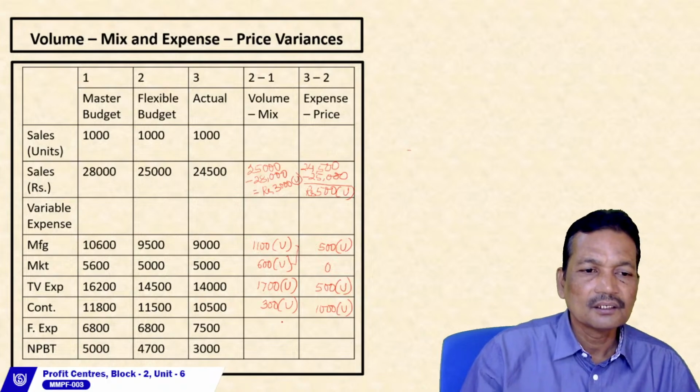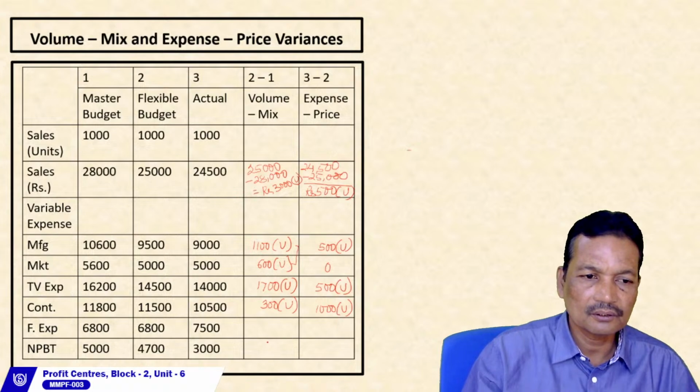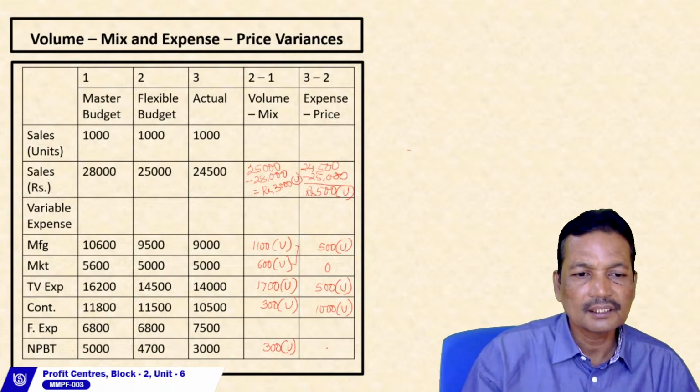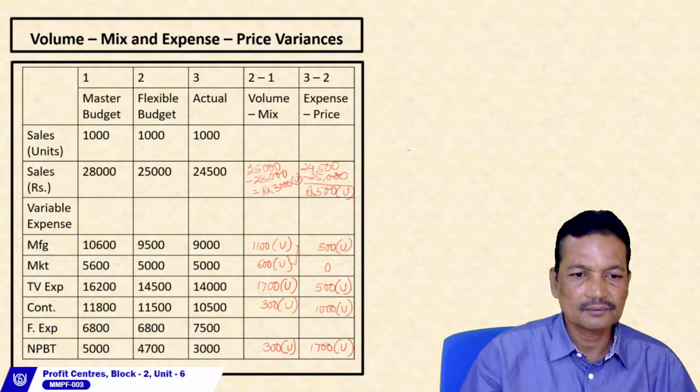And here we find the net profit before tax 300 unfavorable, and this is 1,700 unfavorable.